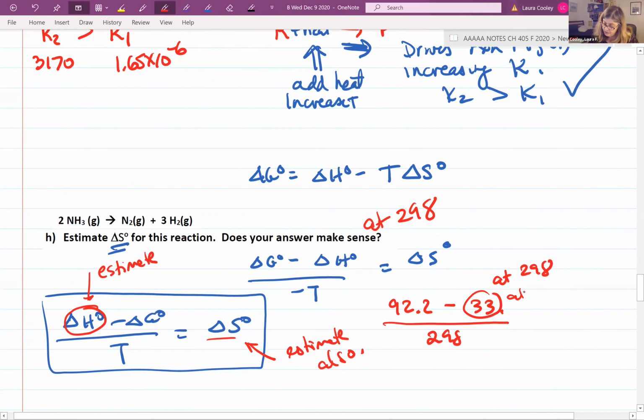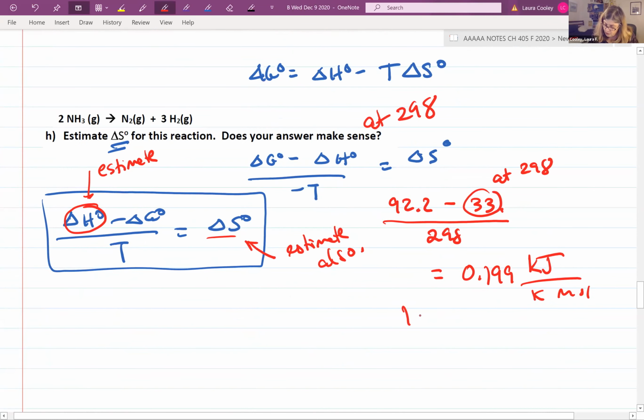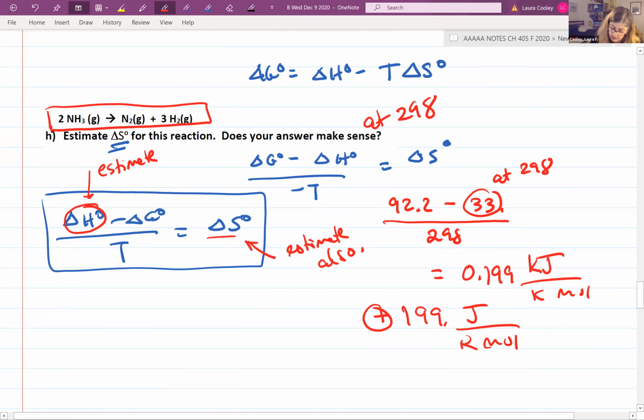So that comes out to 0.199 kilojoules per Kelvin per mole. But we usually express entropies as joules per Kelvin per mole, and it's positive. If you think back to this reaction, notice you have 4 moles of gas and 2 moles of gas. So it makes perfect sense that this should be positive because there was an increase in moles of gas.